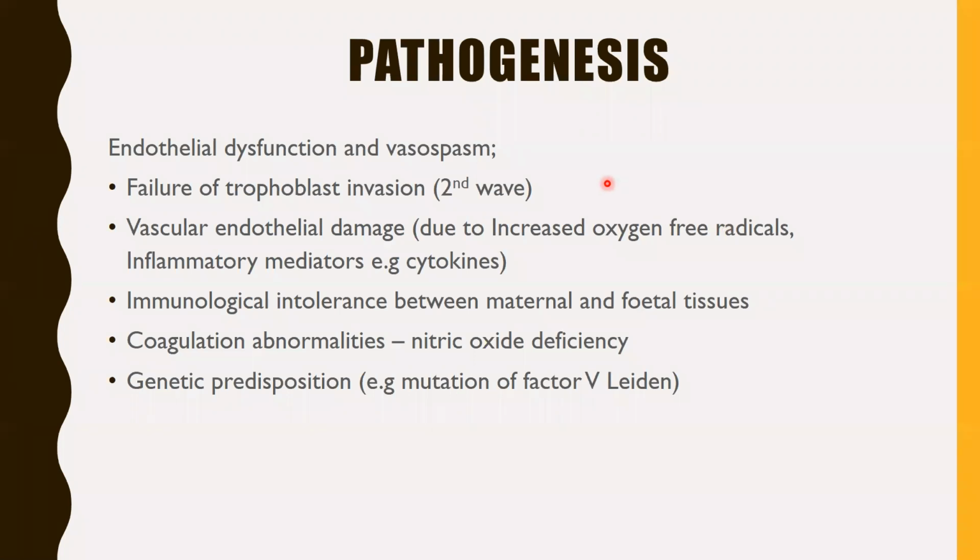distension of the spiral arterioles, and the funnel shape is not formed, and then these blood vessels are actually fibrous. So they are narrow and fibrous, and hence causing damage, which is the vascular endothelial damage, and this occurs due to dysfunctional lipid metabolism.